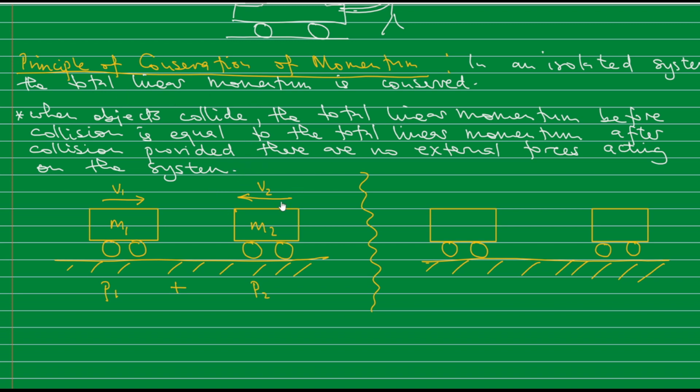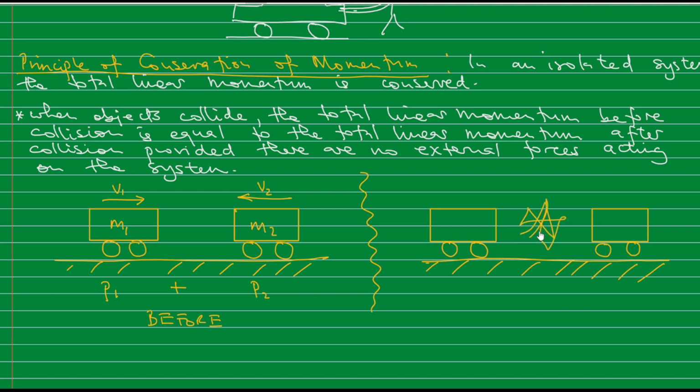So this principle is saying that should these objects collide, they are moving towards each other in a straight line. This is before collision. Let's assume that over here they do collide.